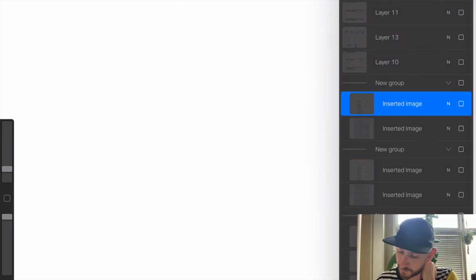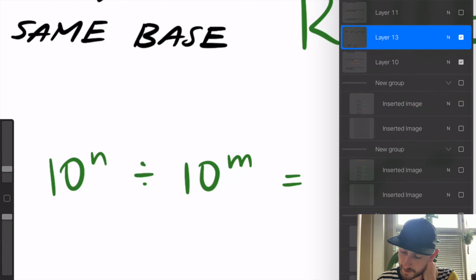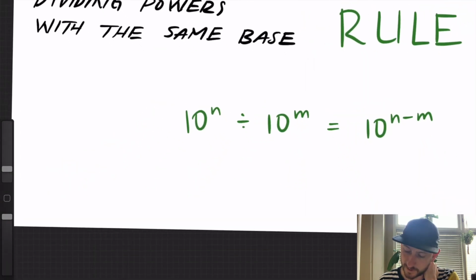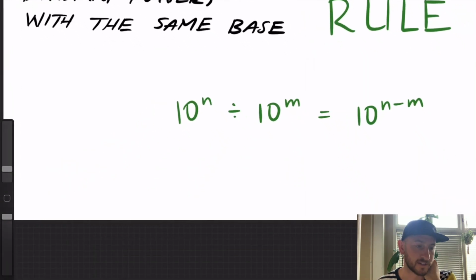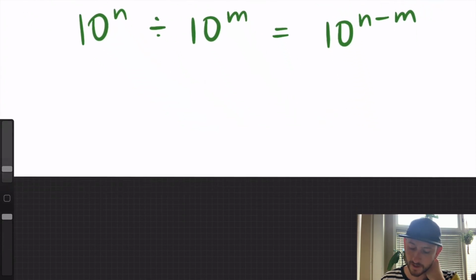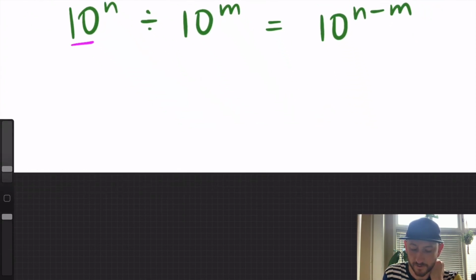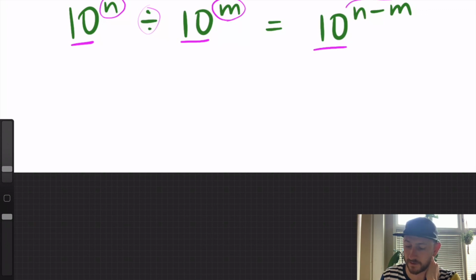If we want to look at this rule using variables, it would look like this. Dividing powers with the same base: any number raised to some power divided by that same number raised to a power equals that base with the two powers being subtracted.